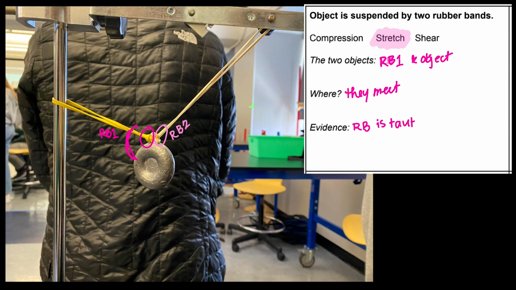We also see that the object, if you lift the object, right, if you support the object from the bottom, so if you put your hand right here and you lift the object, we can see that the rubber band would change shape. All right, so I mean, if you have other things to add, you should definitely add that.